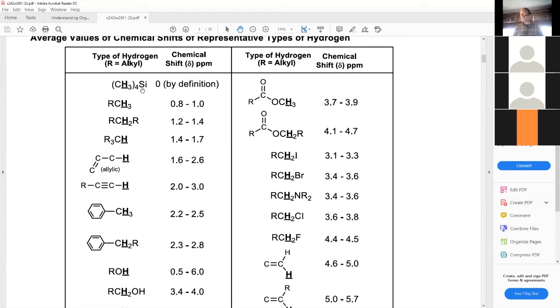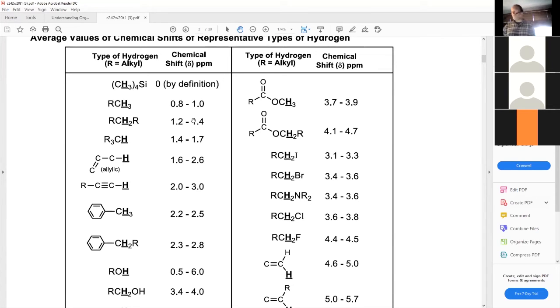So yeah, these values, you don't memorize them. They will be given to you so you can use them on the test, and they help you predict where the peak should be. And the more powerful use of this table is when I give you data and I tell you there's a peak at 3.5, and I tell you the formula of the molecule, and in that formula you see a nitrogen.